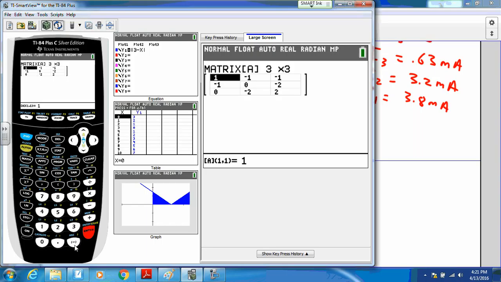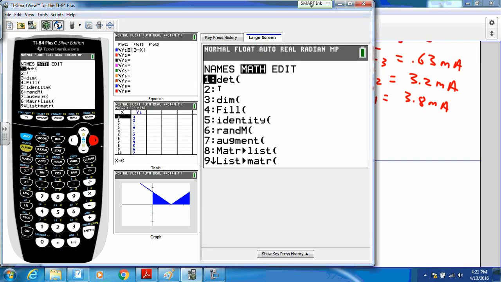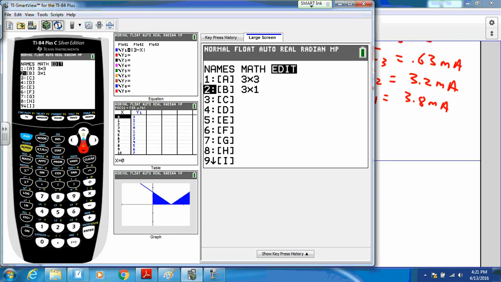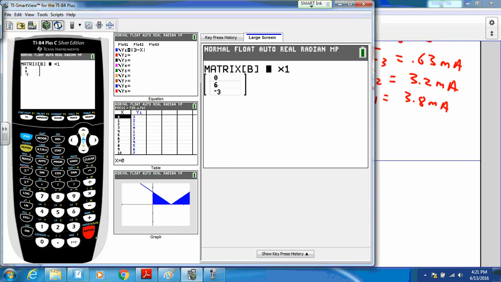Now I'm going to set up my voltage vector. So I go back to matrix, and I go back to editing. This time I'm going to edit matrix B, and make sure that it's a column vector with 3 rows and 1 column.